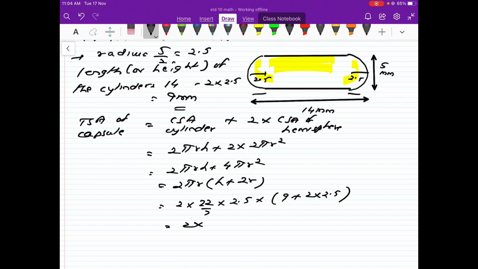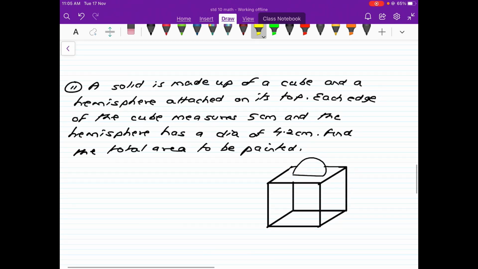So this is 2 into 22 by 7 into 2.5 into 14. So this is coming 220 millimeter square. So that is the TSA which is required of the total capsule.